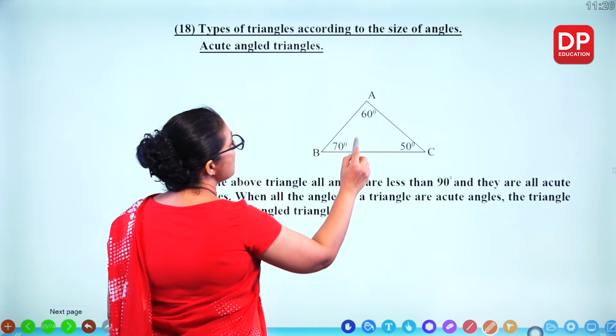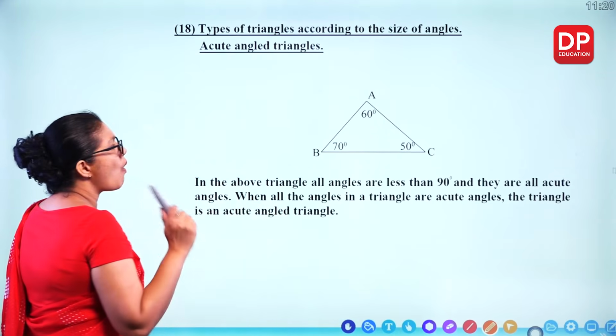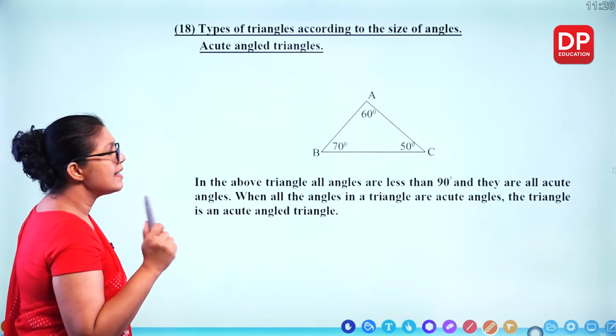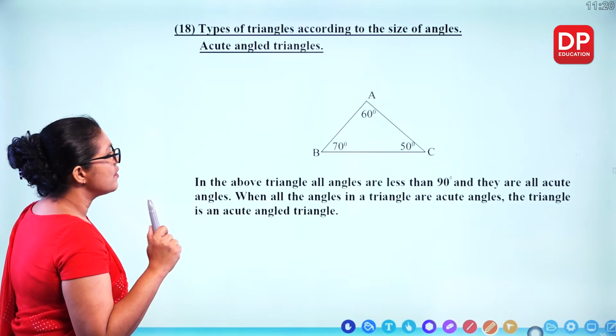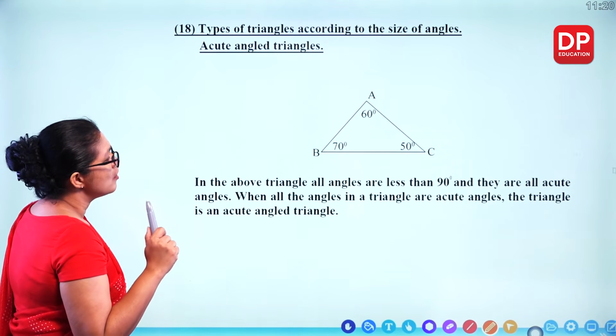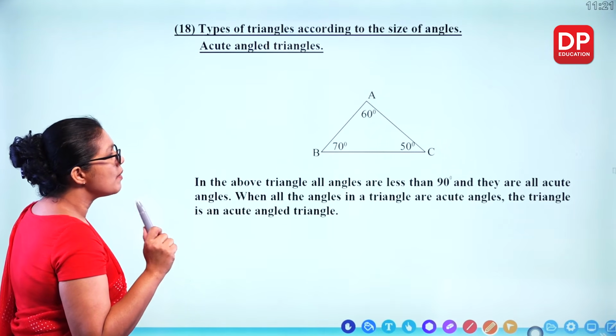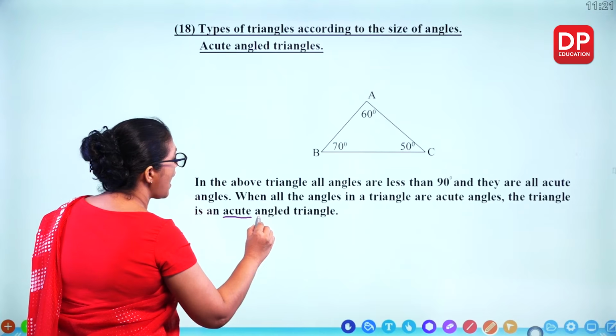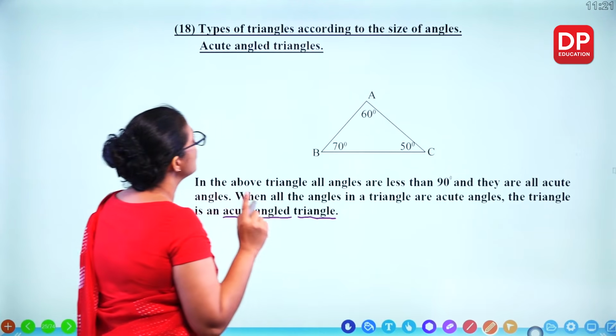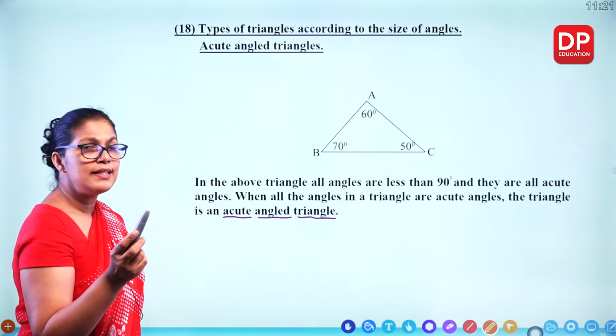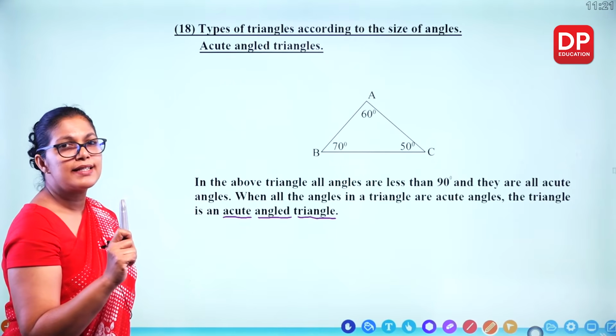Look at this one, 70, 60, 50. All angles are less than 90 degrees, so they are acute angles. When all the angles in a triangle are acute, we call this an acute angled triangle. So the first type of triangle is the acute angled triangle.